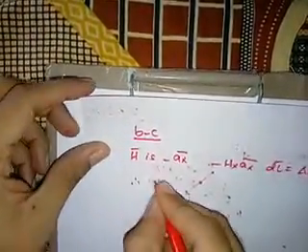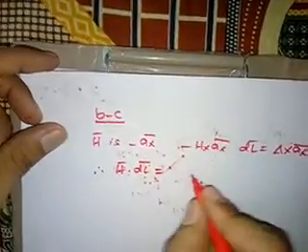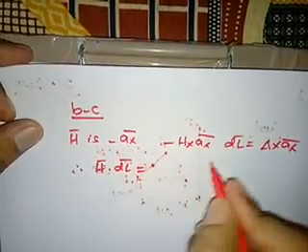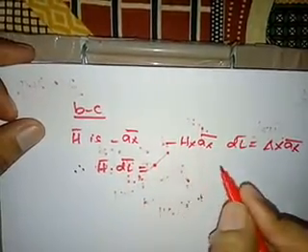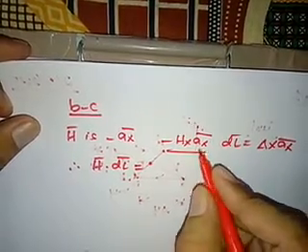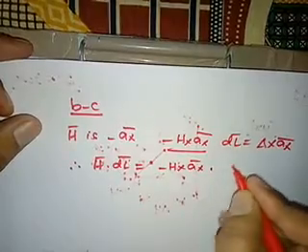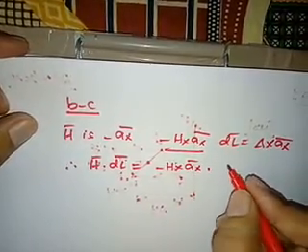Therefore H dot dl, according to Ampere's circuital law, will be equal to the product of minus Hx ax dot dl.